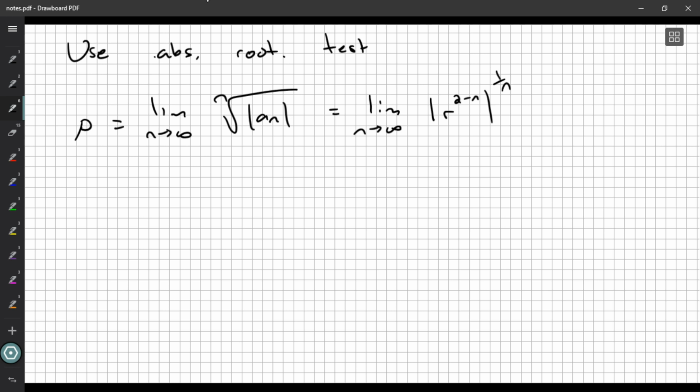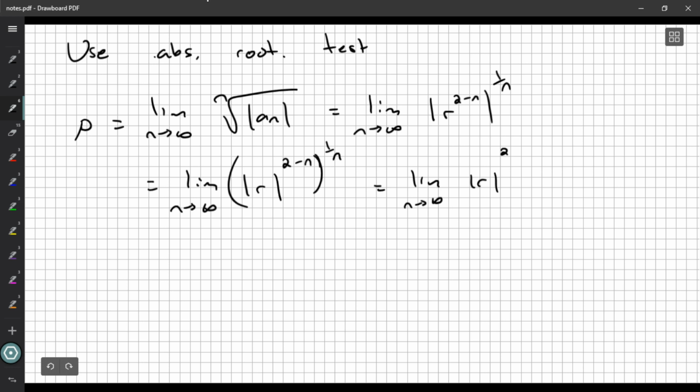Absolute value plays nicely with multiplication and division, and since exponents are repeated multiplication, it turns out we can pull the absolute value inside the exponent. Okay, and then we can bring the 1 over n in, and get 2 over n minus n over n, which is minus 1.